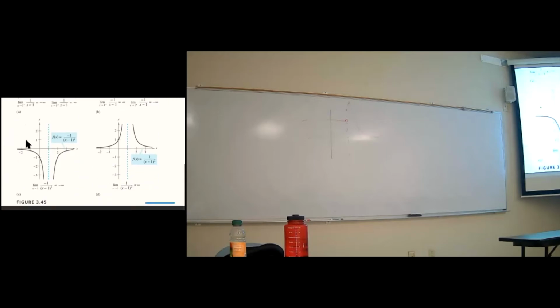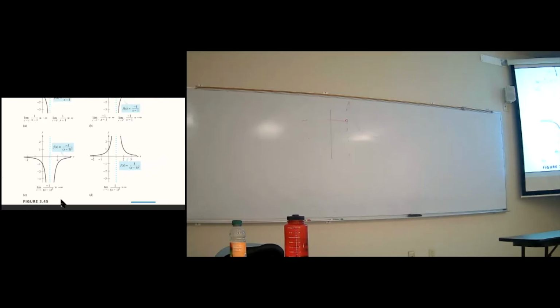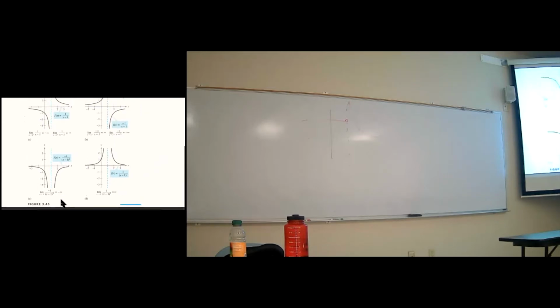Notice they could actually agree as well on which infinity they go to. We could have both sides going to negative infinity, or both sides going to infinity, and it's still a vertical asymptote. All you need is one side going to infinity. Just one side going to one of the infinities.